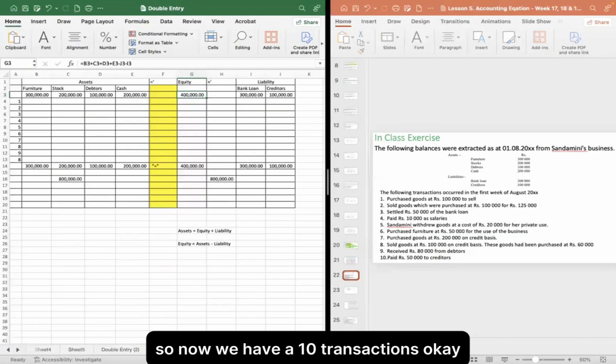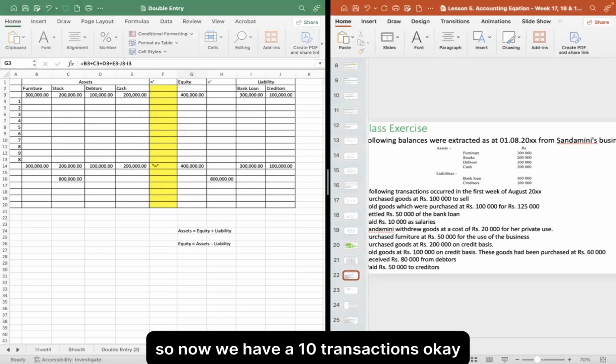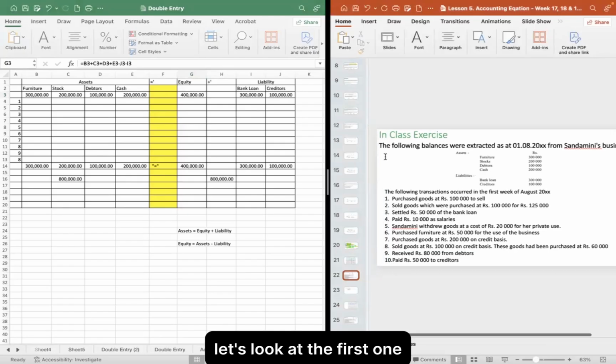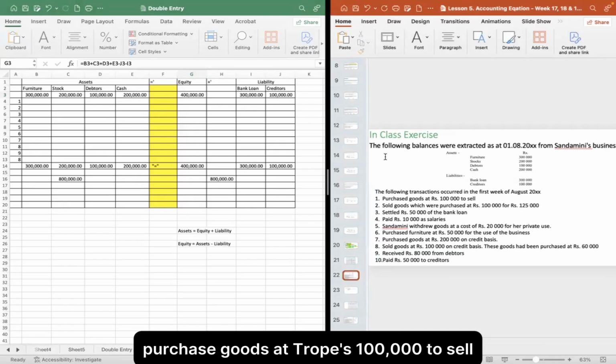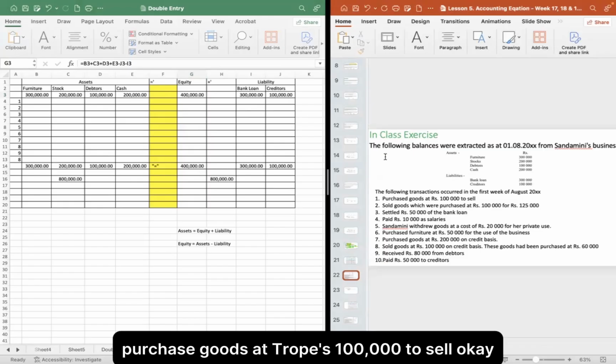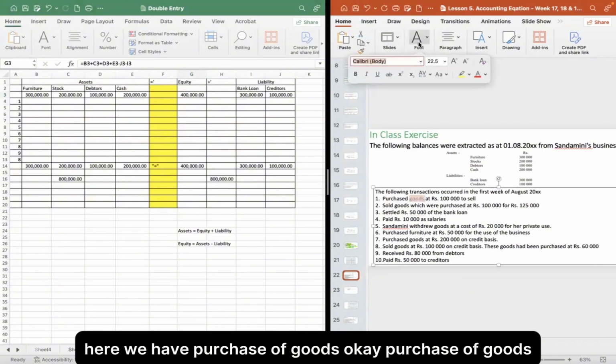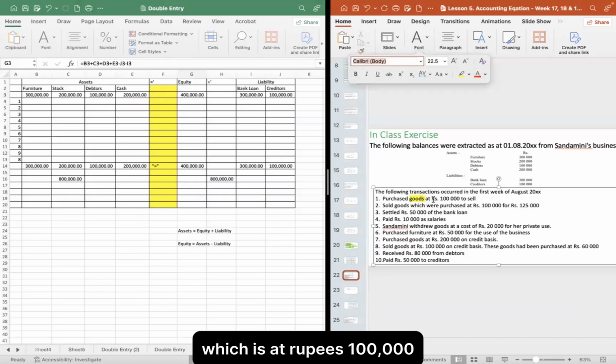Okay, so now we have 10 transactions. Let's look at the first one. Purchase goods at rupees 100,000 to sell. Here we have purchase of goods at rupees 100,000.